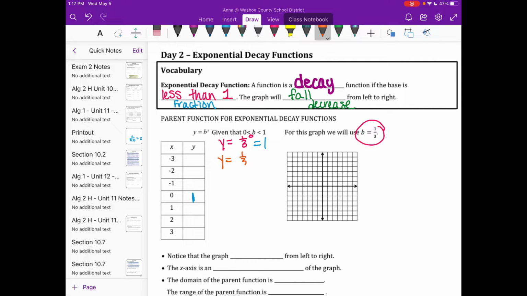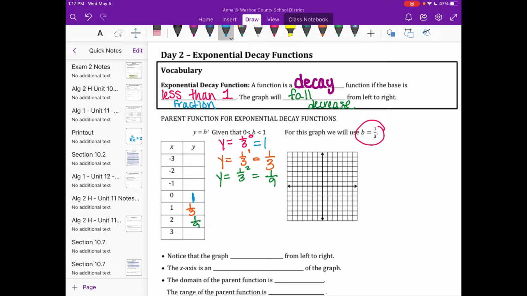Awesome. And then let's go ahead and do the same thing. y equals 1/3 to the first, which is just, guess what? 1/3. All right. And we could keep going with those positives, like y equals 1/3 squared, which means 1/3 times 1/3. 1/3 times 1/3 is 1/9, so that goes in the second box, okay?